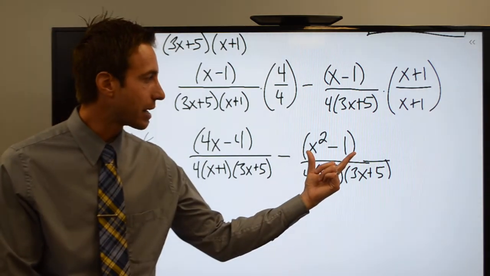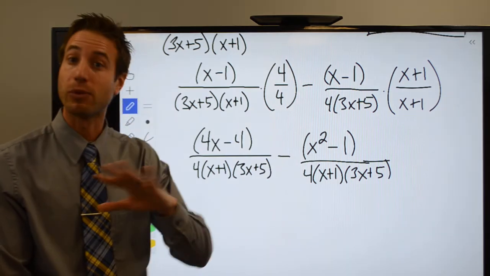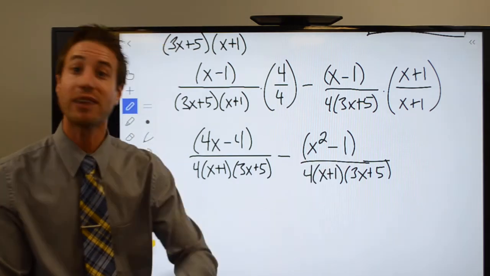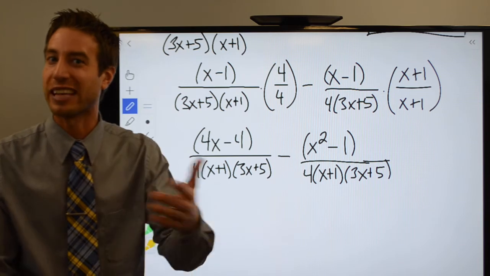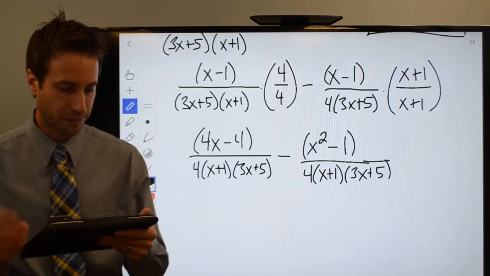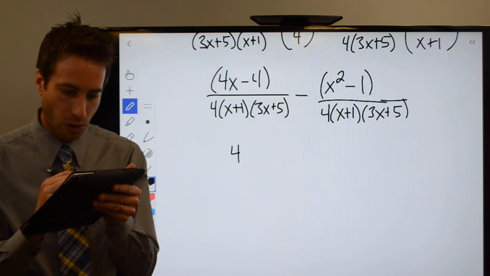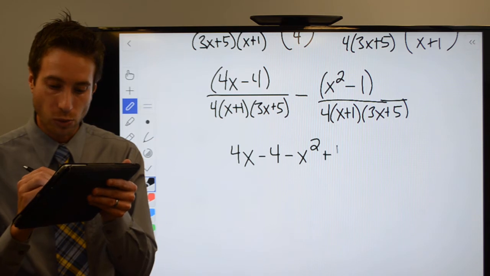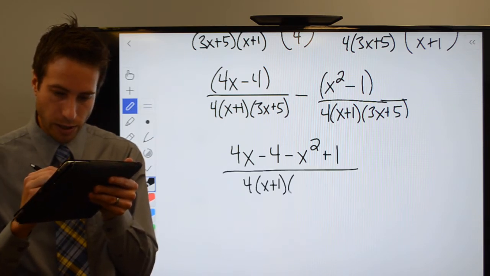The reason I threw that in parentheses is to help me remember that this minus sign, whenever you're subtracting rational expressions, if you've got a quantity here, you'll have to remember to distribute it through the quantity. The parentheses generally help us remember to do that. So I wind up with 4x minus 4 minus x squared minus 1 all over 4 times x plus 1 times 3x plus 5.